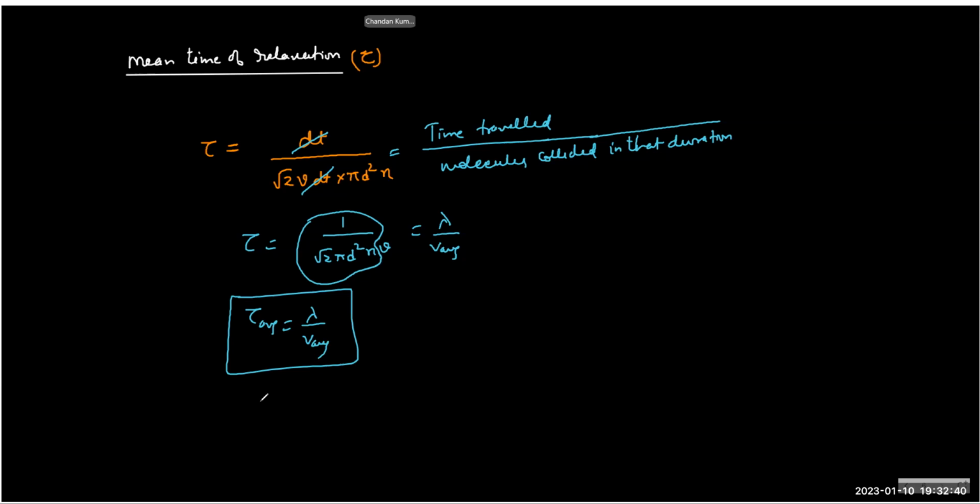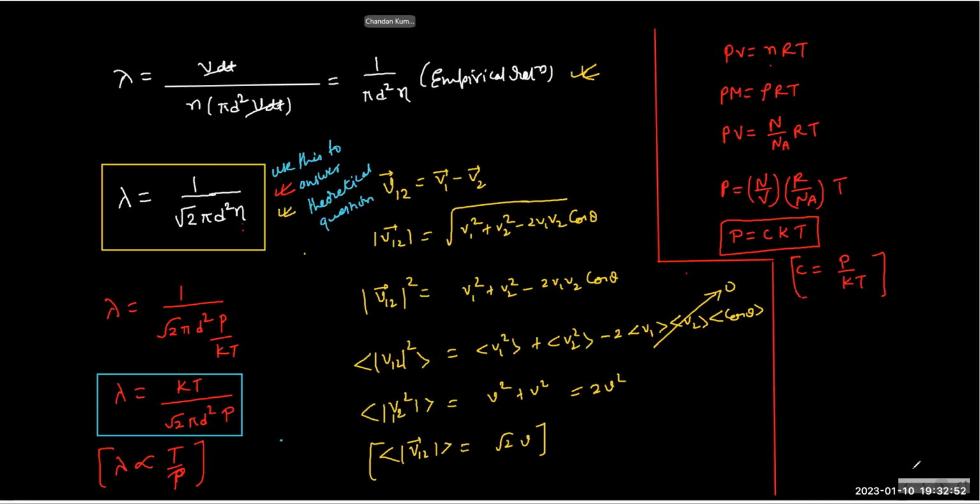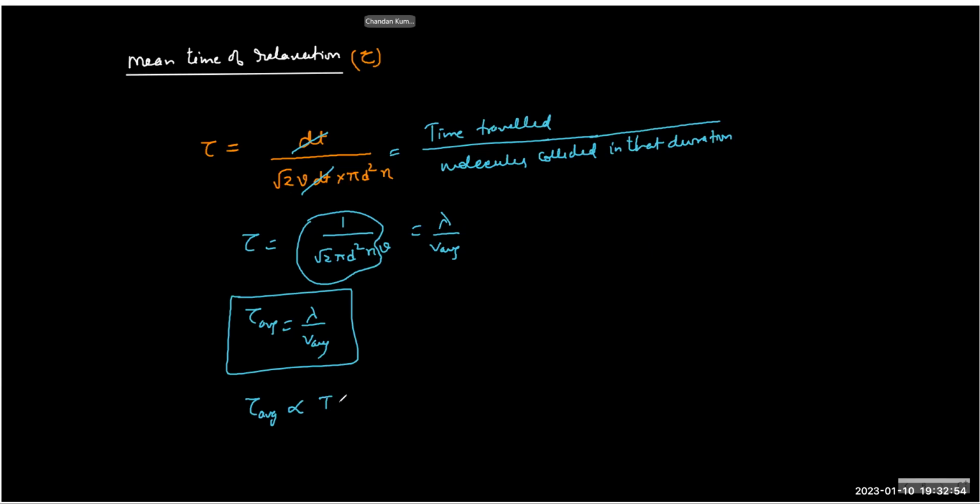So what you are supposed to remember, let me tell you what you should know. Tau is proportional to lambda. Lambda we got is T by P. And then V we know is proportional to under root of T, if you remember. V average is how much?